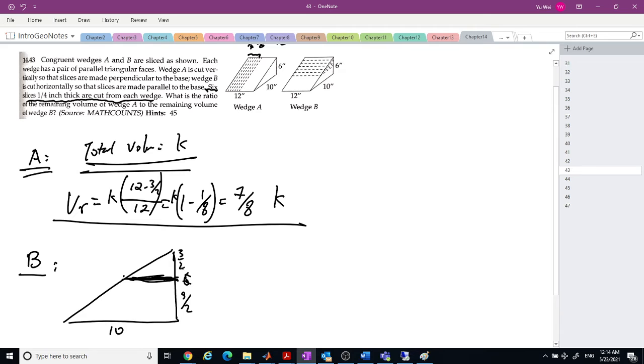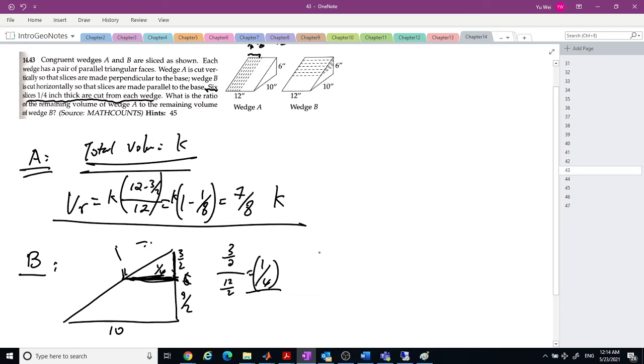Let's calculate the ratio. Okay, so the 3 over 2 over 12 over 2 is 1 over 4. Okay, so here is 1/4 of that. So now we can see the area. Okay, this is the area, right? Extending. So the area is 1/4 of the total, and the height is also 1/4 of the total, right?